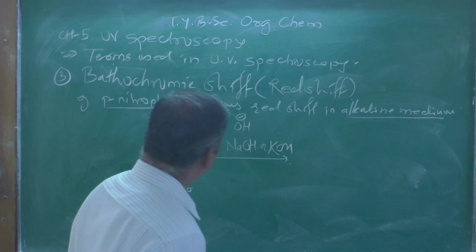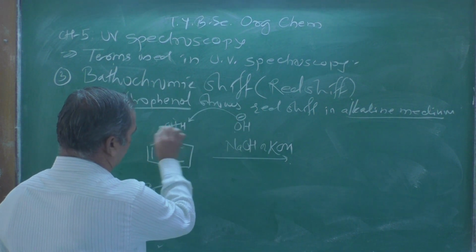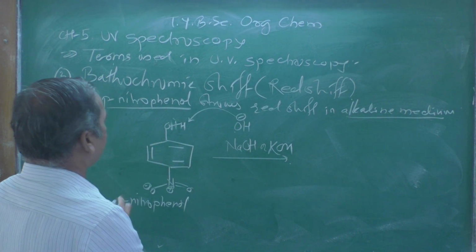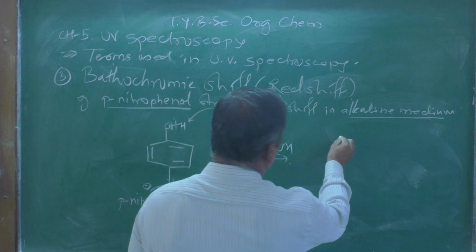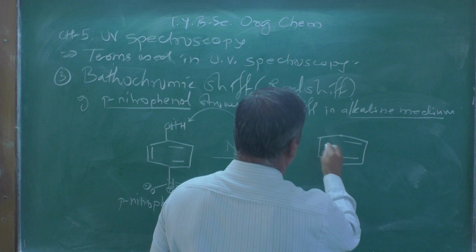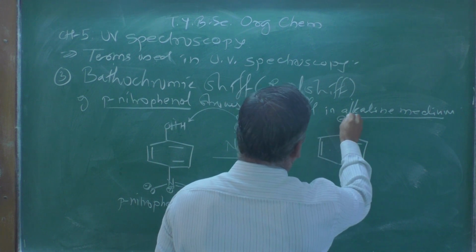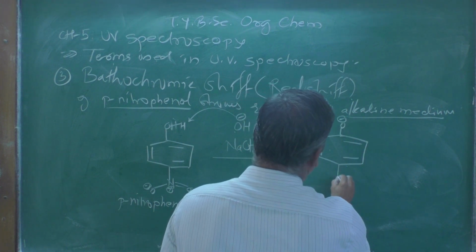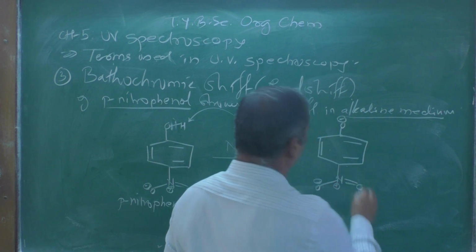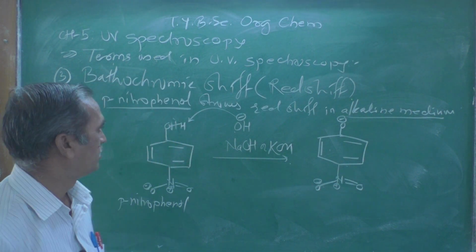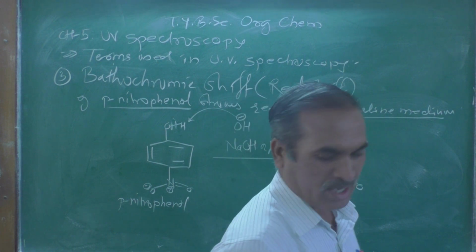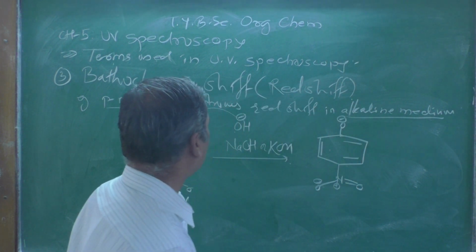When it abstracts the proton, it leaves the bonding pair behind, and so we get the resulting compound like this, that is O minus, the phenoxide ion. And as we know, phenoxide ions are well stabilized, and due to that reason the hydrogens are acidic in nature.